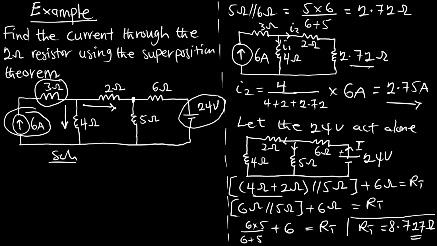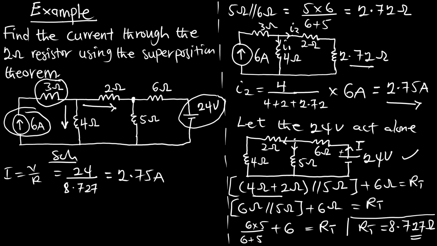So from Ohm's law, the current produced by the 24-volt source is going to be I equals V on R, and that is going to be 24 divided by the total resistance 8.727, and the total current is going to be 2.75 amperes. So now from this diagram, when the 24 is acting alone, the current I is giving us 2.75.